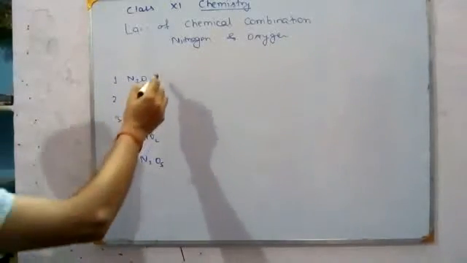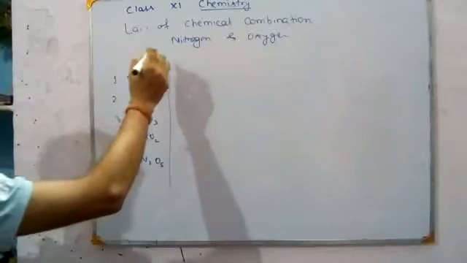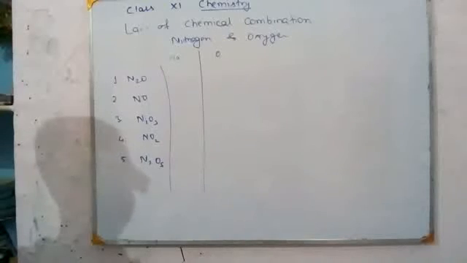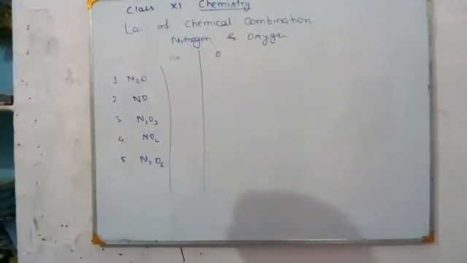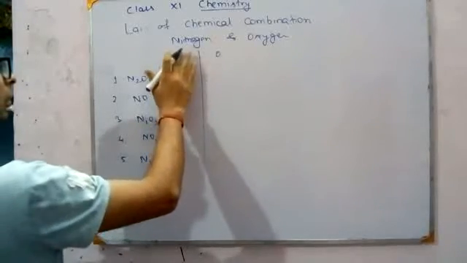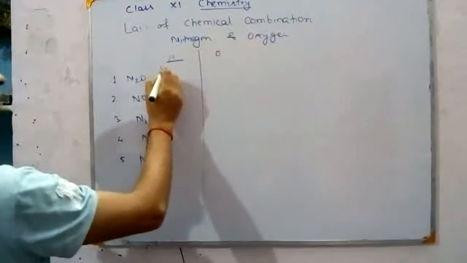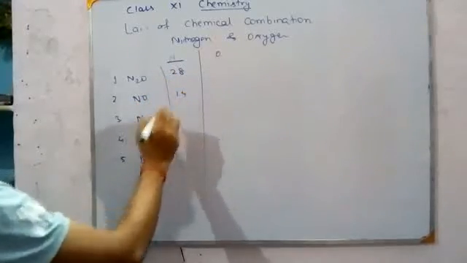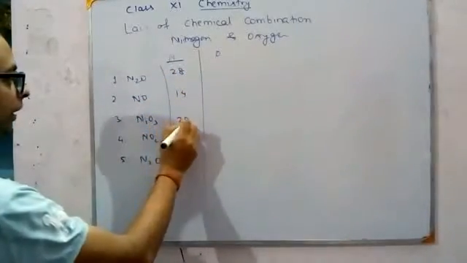Now in this we will calculate the mass of nitrogen, and then the mass of oxygen, right? So what is the value of nitrogen? N2, that is nitrogen, 14 into 2, 28. Here it is 14, here again it's 28.